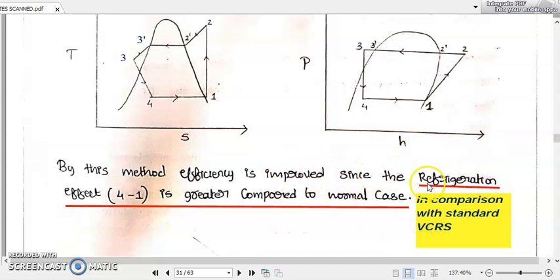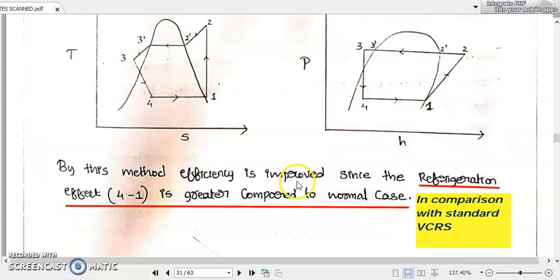Why? Because the refrigeration effect 4 to 1 is of a greater value compared to our normal case, meaning in comparison with our standard VCRS. Compared to our standard VCRS, the H1 minus H4 value, or the refrigeration effect here, will be at a higher value.